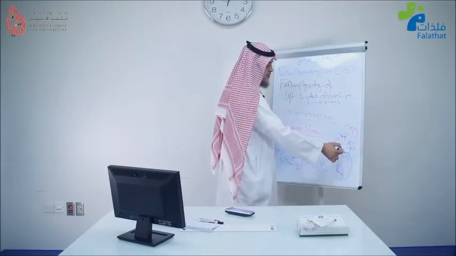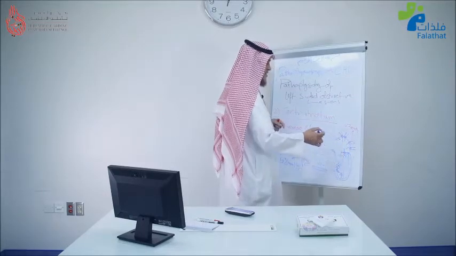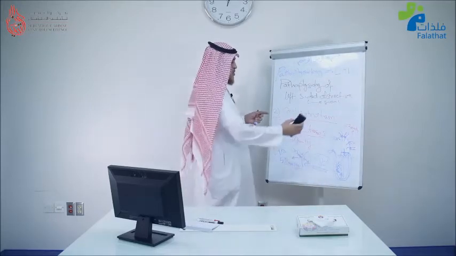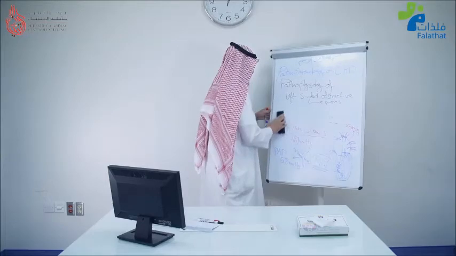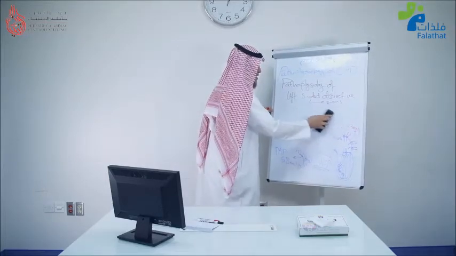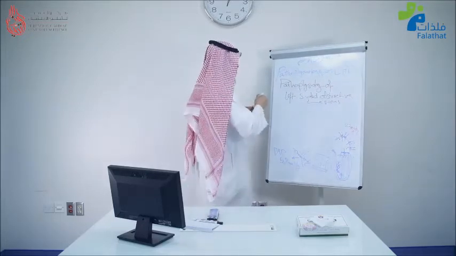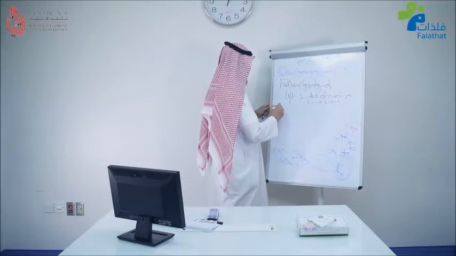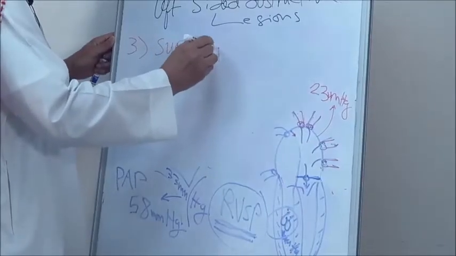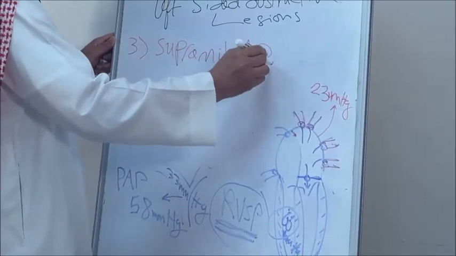The obstruction here, if it is mild, and when we say mild, this is what we call, let me just take away the names because they are different now. Supramitral ring or obstruction.